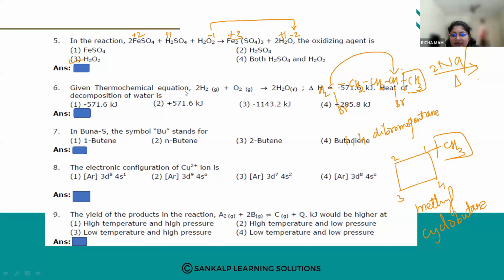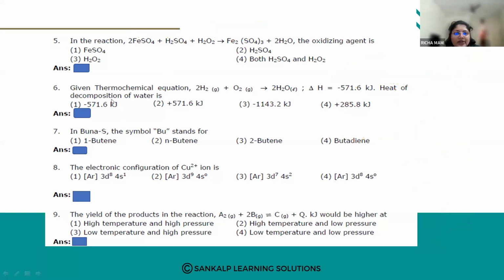Given the thermochemical equation, 2H2 gas plus O2 gas giving you H2O liquid, delta H equals minus 571.6 kilojoules. What is the heat of decomposition of water?